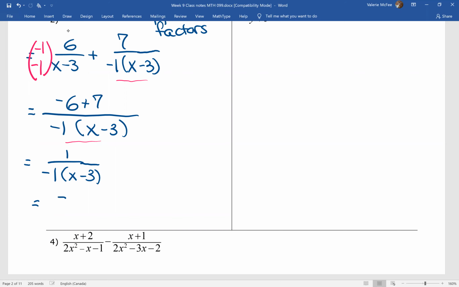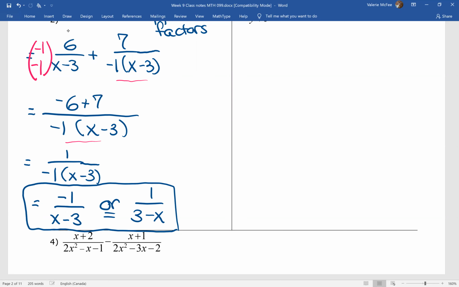You could write it as negative 1 in the numerator over x minus 3, or you could write this as 1 over 3 minus x. Just open the brackets. I could have written negative x plus 3, but we prefer not to have a negative out in front. Either of these are fine.